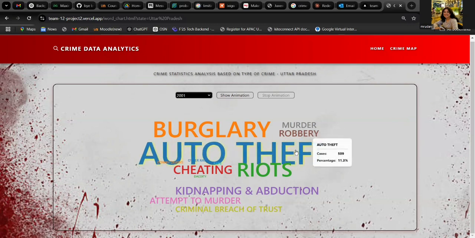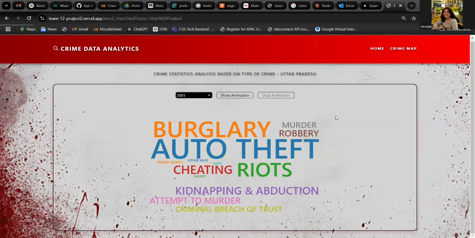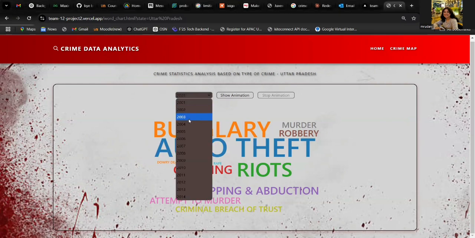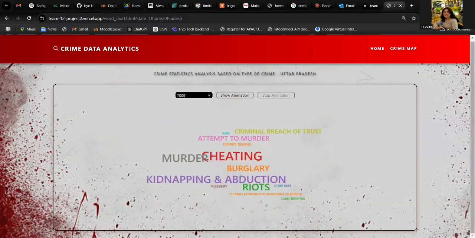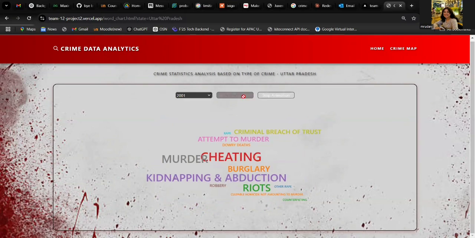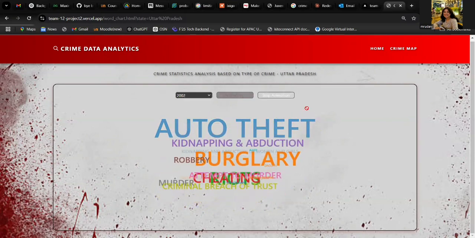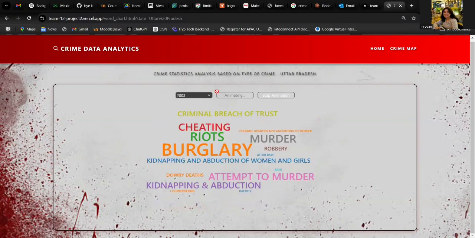On hovering over a particular type of crime, you can see the percentage and the number of cases that have taken place. We've also included a drop down for you to select which year you want to take a look at. We've also included an animation for interactivity, as you can see here.